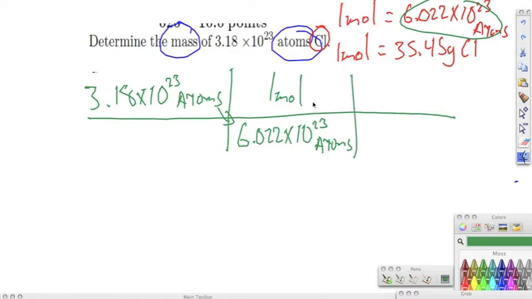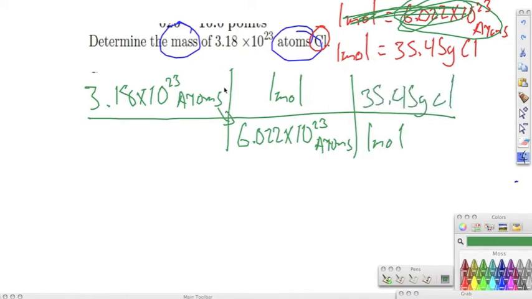Set that up, and since we have mole on top right here, we go ahead and use this conversion factor because we can't use that one, we already used it. So 1 mole on the bottom equals 35.45 grams of chlorine.